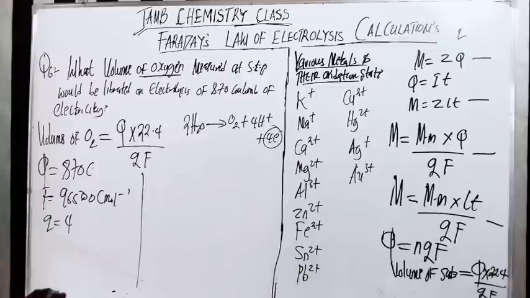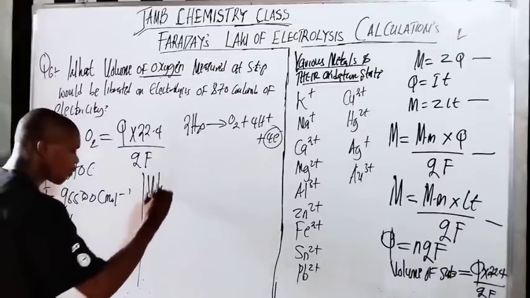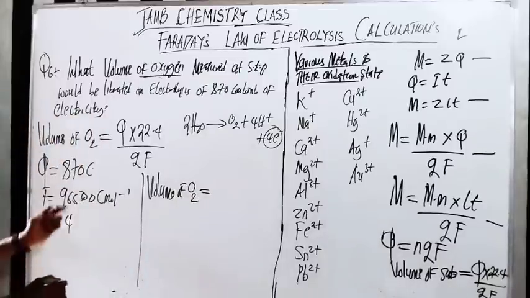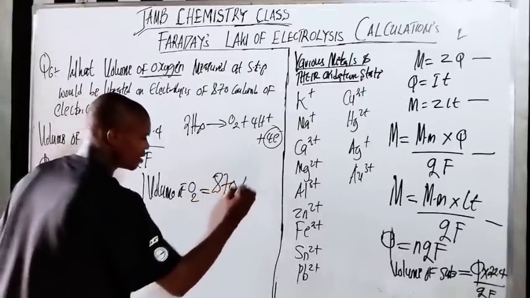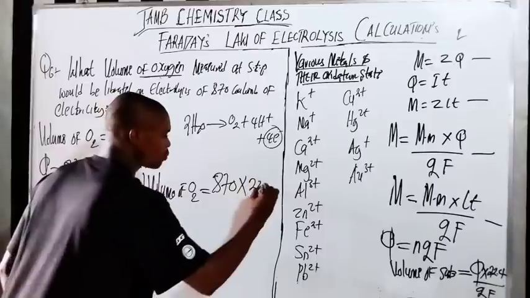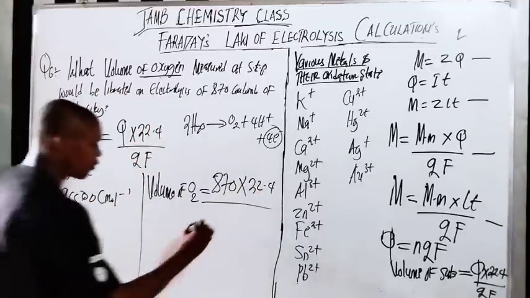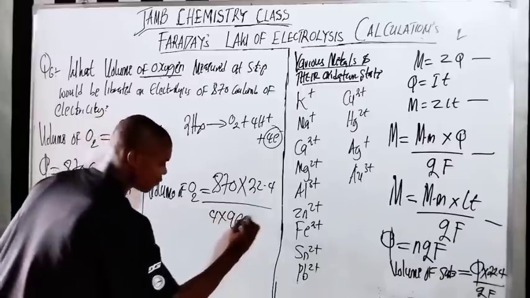So now let's input our values here. Volume of O2 is my Q, 870, times 2.4, over 4 times 96,500.